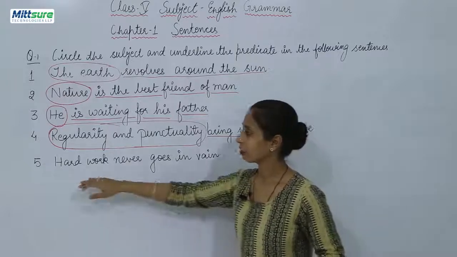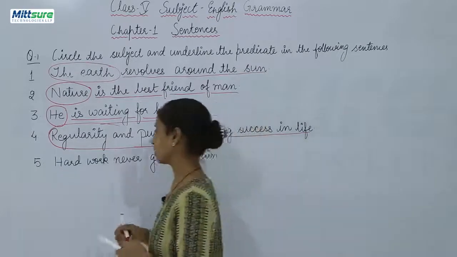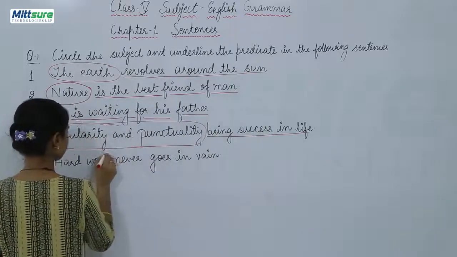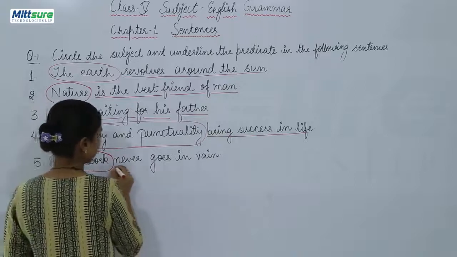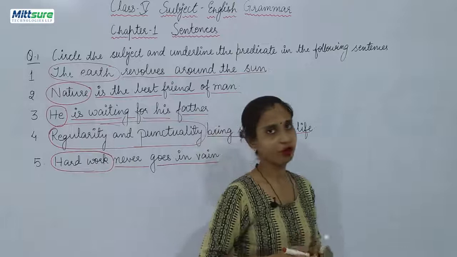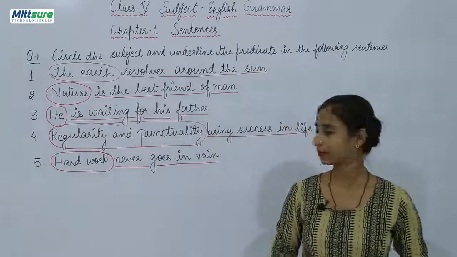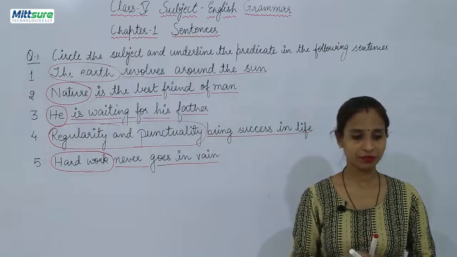We got the answer, hard work. So hard work will be the subject of the statement and never goes in vain will be the predicate of the sentence. Now let's come to the sixth statement.